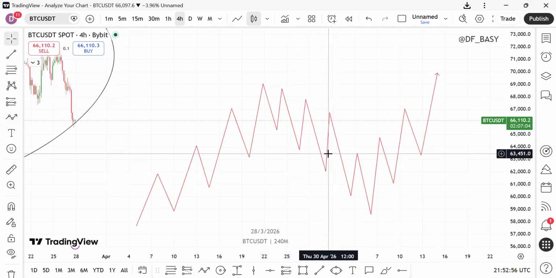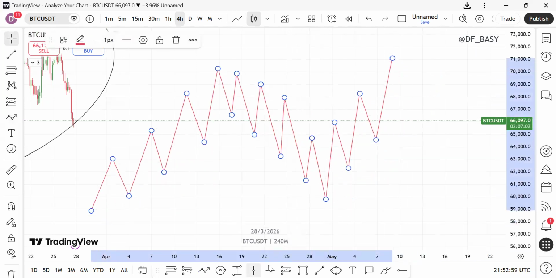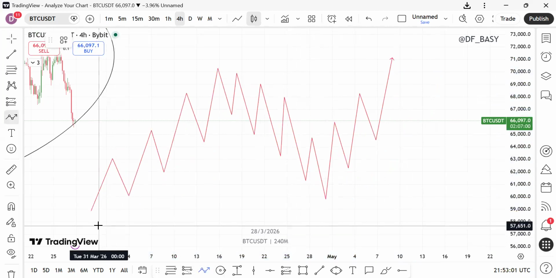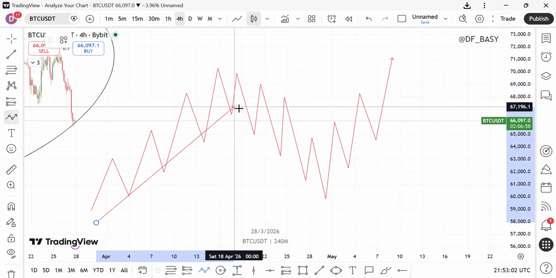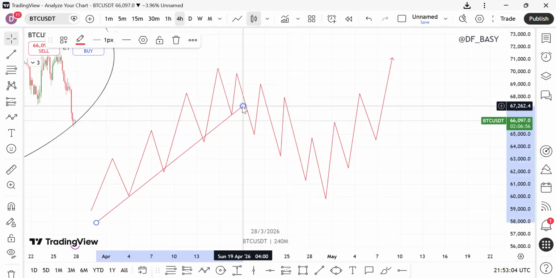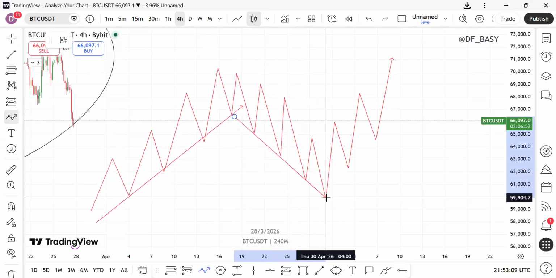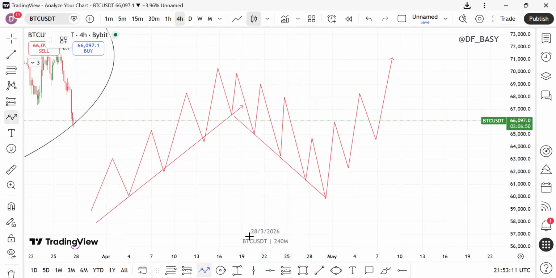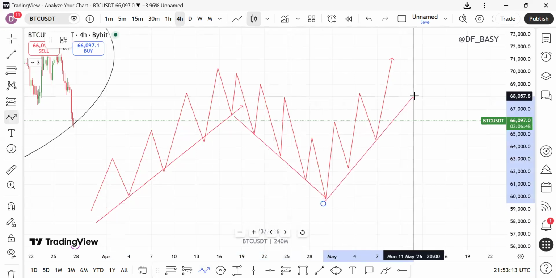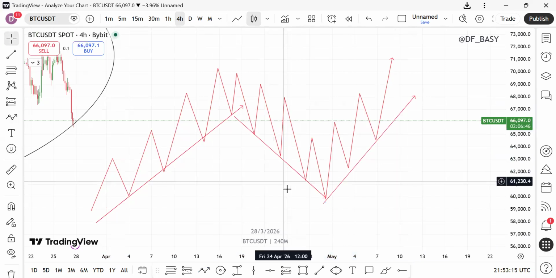So basically, this is how the market moves. Let's say we're having a swing, this is a swing point from here to here. We have another swing point from here down to here, and another swing point from here down to here. So now in these swing points, let's say this is in an overall trend.